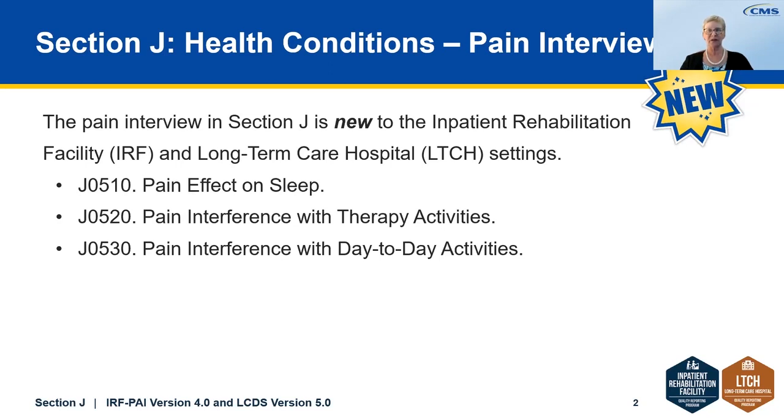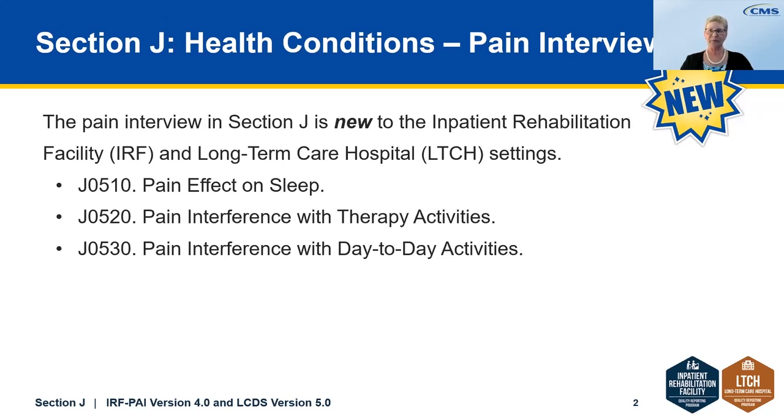To help you with coding the Section J scenarios, I invite you to access the data set for your setting. For the IRF-PAI, the pain interview items can be found on page 13 of the admission assessment PDF. And for the LCDS, the pain interview is located on page 17 of the admission assessment.